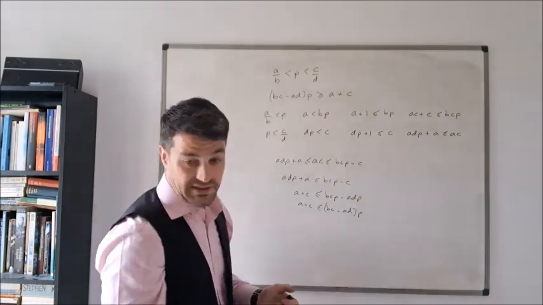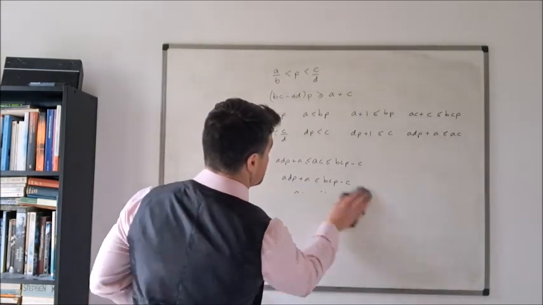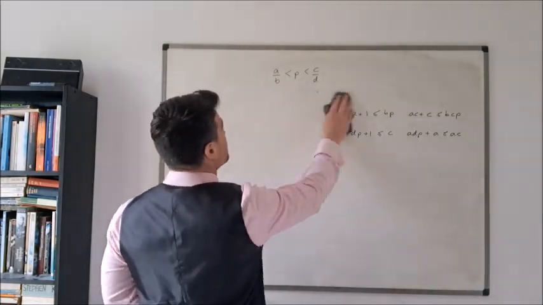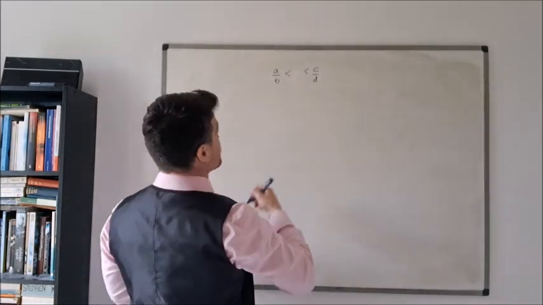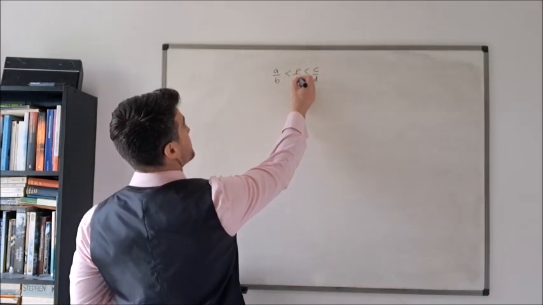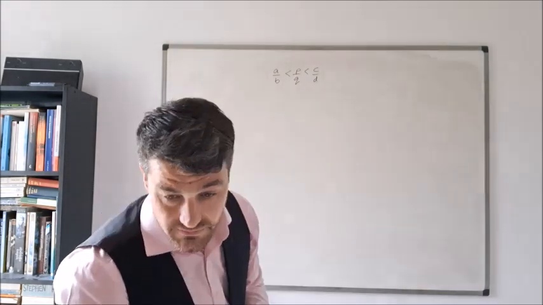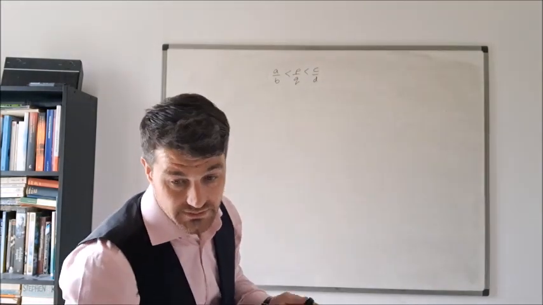So then we're on to the next part, part 4. So now we've got that A over B is less than P over Q is less than C over D. Let me make sure of that. Yeah, okay.